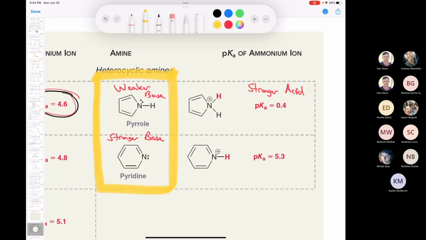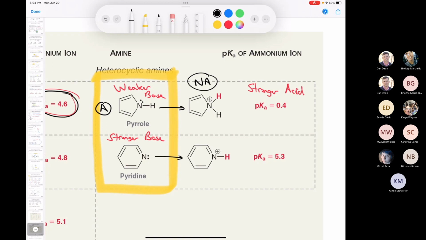Why is pyrrole a weaker base? Could anybody give me a reason why? It doesn't have to be a super involved answer. What happens to pyrrole when you form the conjugate acid? When you go from here to here, you go from something aromatic to something non-aromatic, so you lose the aromaticity.